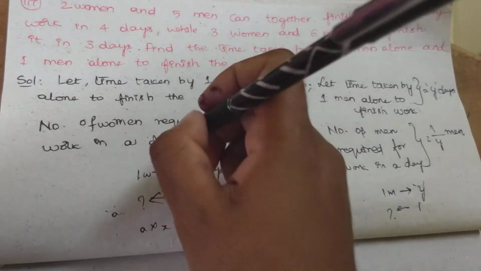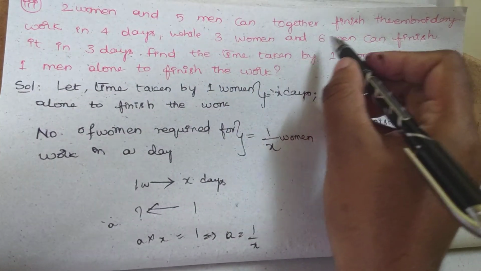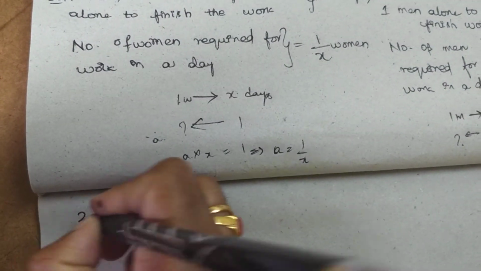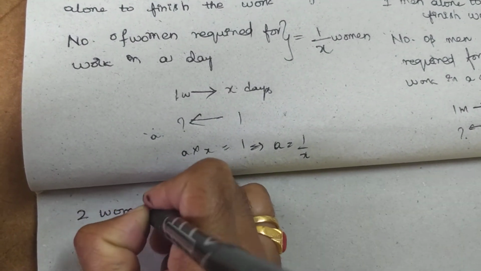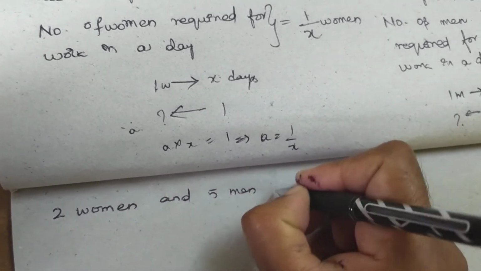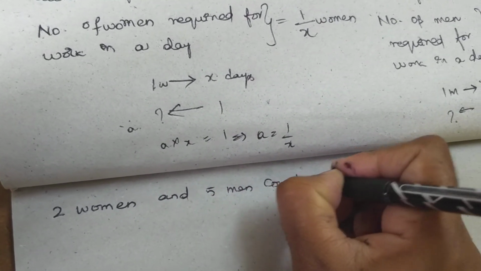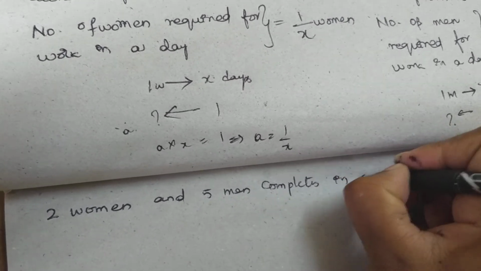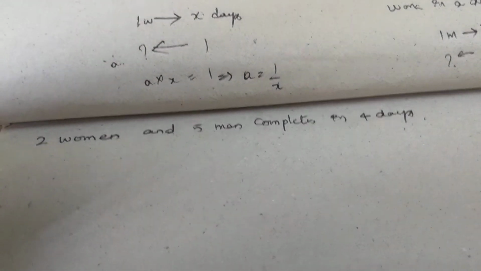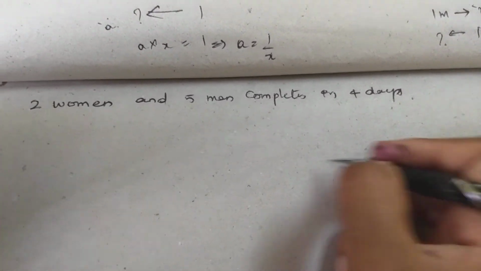So 2 women and 5 men together finish the work in 4 days. So write the same thing down: 2 women and 5 men complete the work in 4 days.